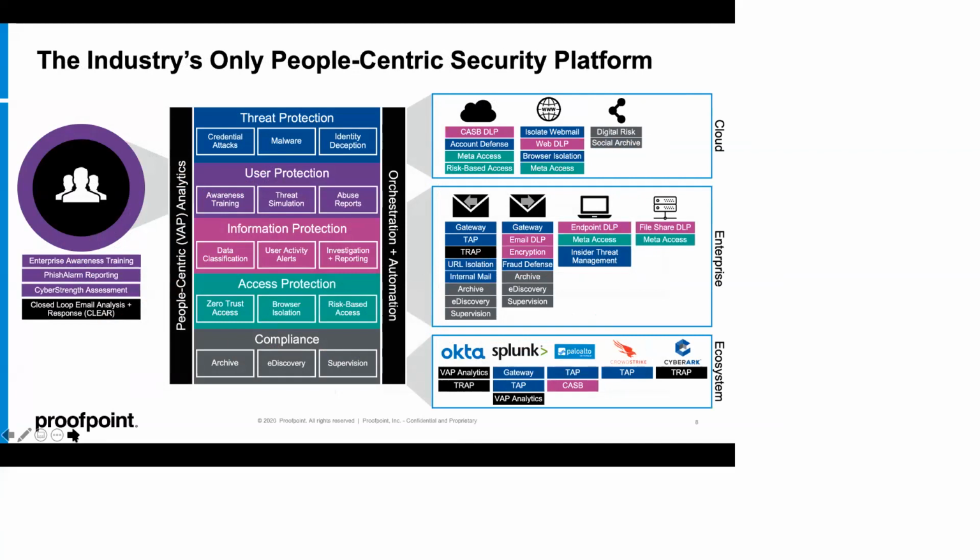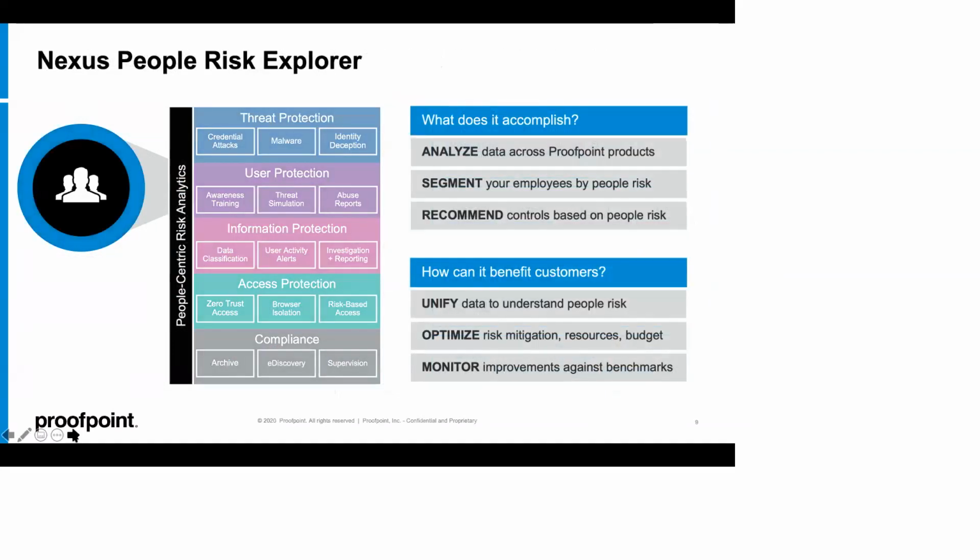And I think for Proofpoint, we really work hard to put a platform and a strategy together, providing a true people-centric approach. And that's where customers have asked for more guidance on what it means to evolve their security strategy with that people-centric approach. And it's why we've introduced this People Risk Explorer.